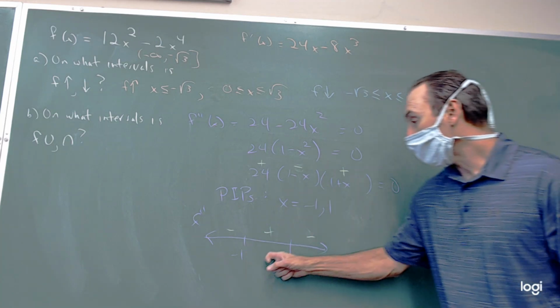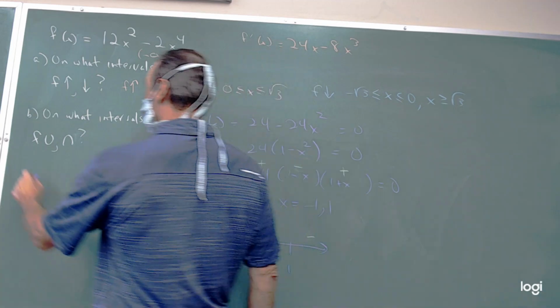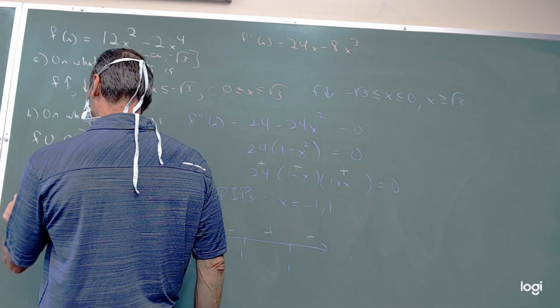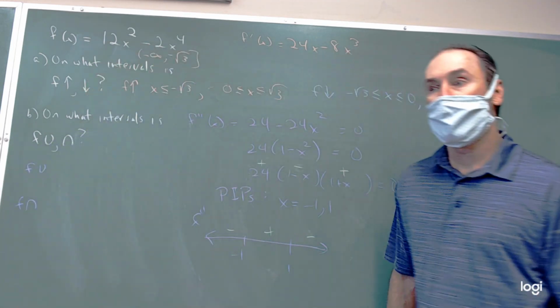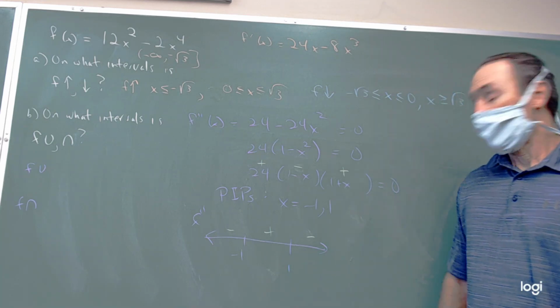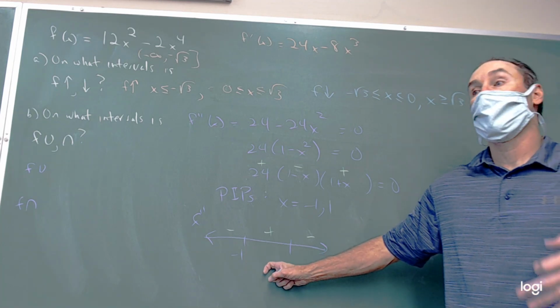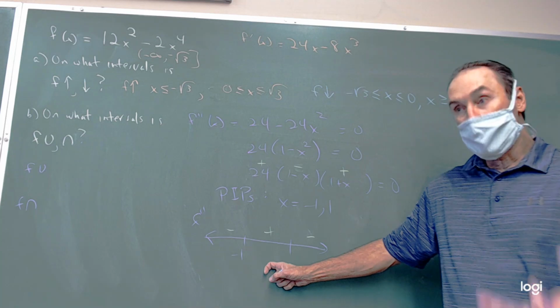So knowing the sign of the second derivative allows us to answer the questions about where f is concave up and where f is concave down. It will be concave up on the intervals where the second derivative is positive.